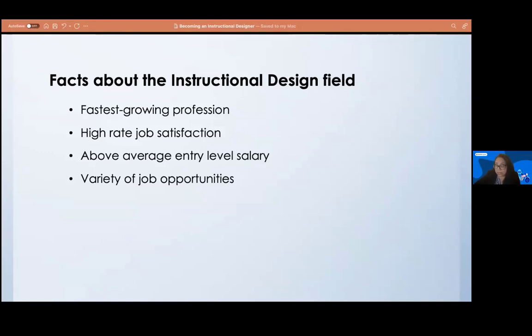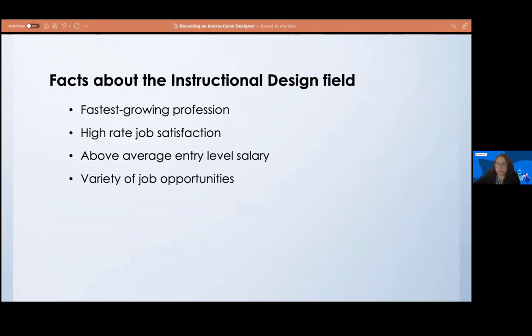Although PayScale was done last year also, there's a big difference here of $20,000, which can make an incentive for joining the field.